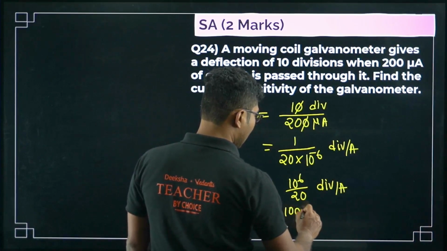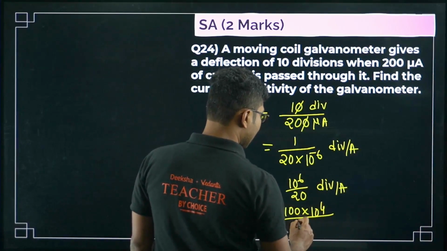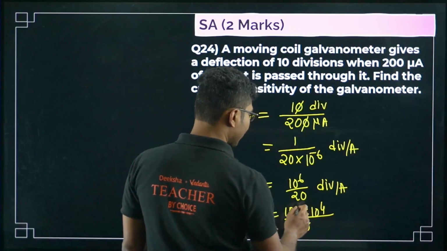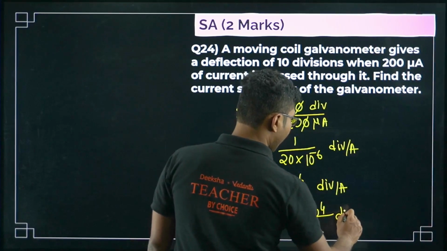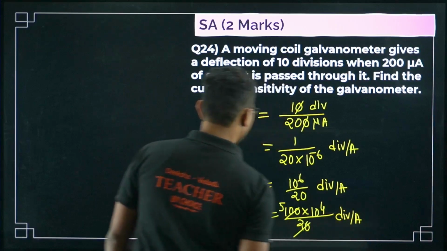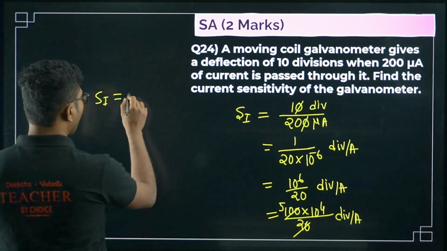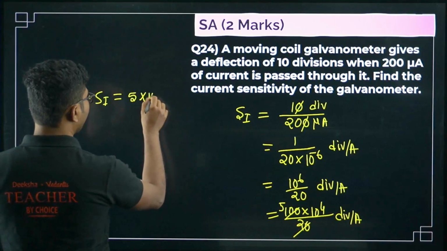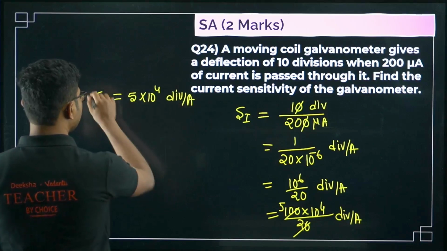One is 100 and another will be 10 to the power of 4. So I can write it like that, right? Divided by 20. Why did I do that? Because 20 into 5 is 100. So the current sensitivity is equal to 5 into 10 to the power of 4 division per ampere. This is the current sensitivity.